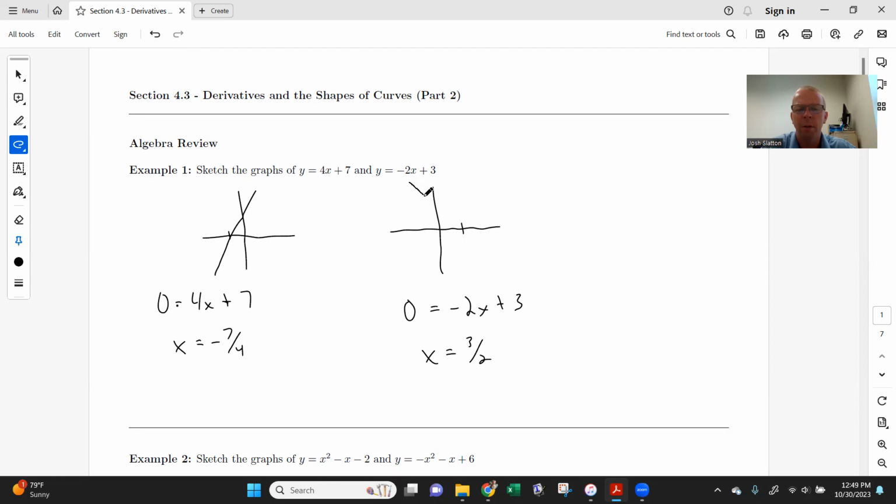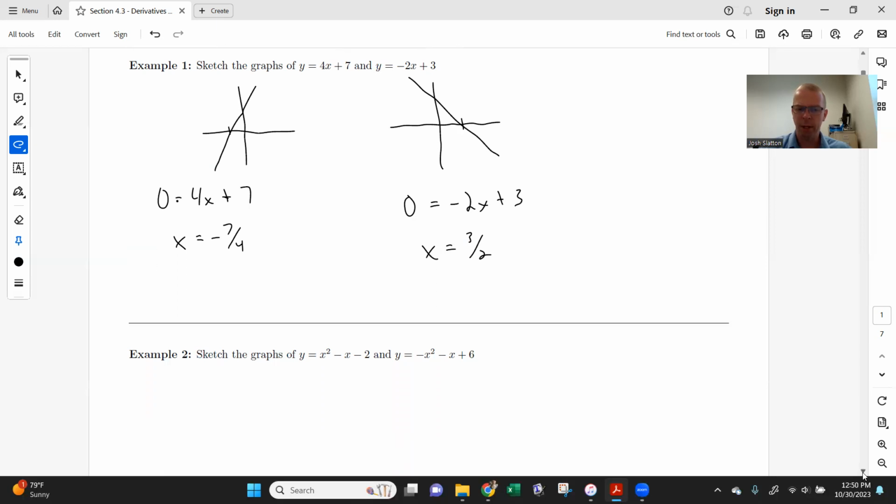It's a negative slope, so we'll draw it like this. Likewise, we can see that the graph is positive on this part, so from negative infinity to 3/2, and then negative from 3/2 to infinity. That's going to come in handy, and the point of that is this will save us a little bit of time.